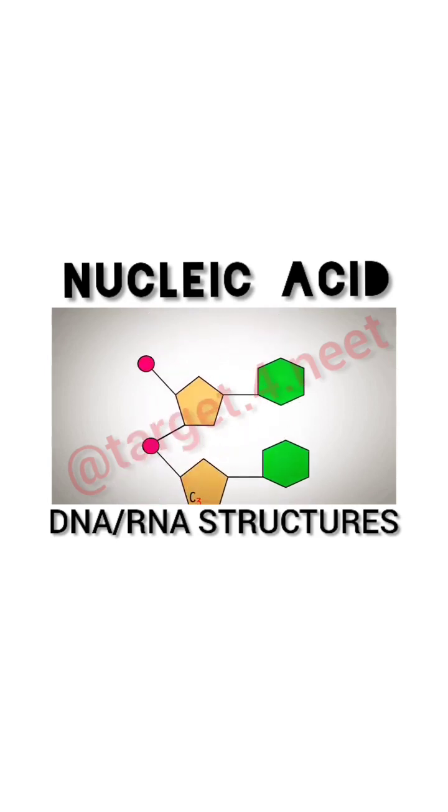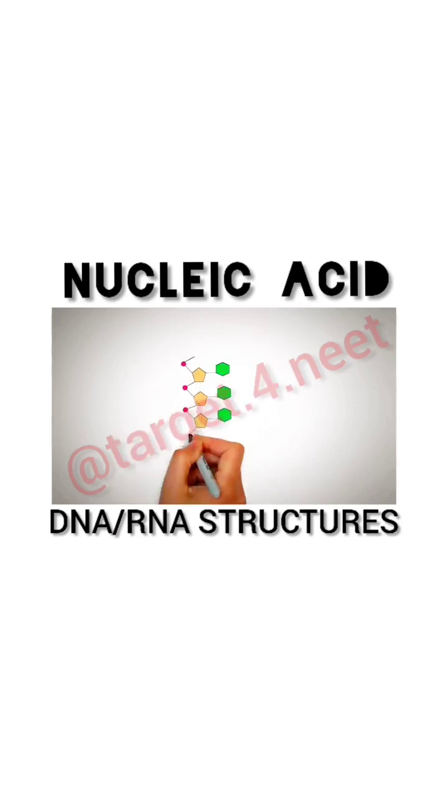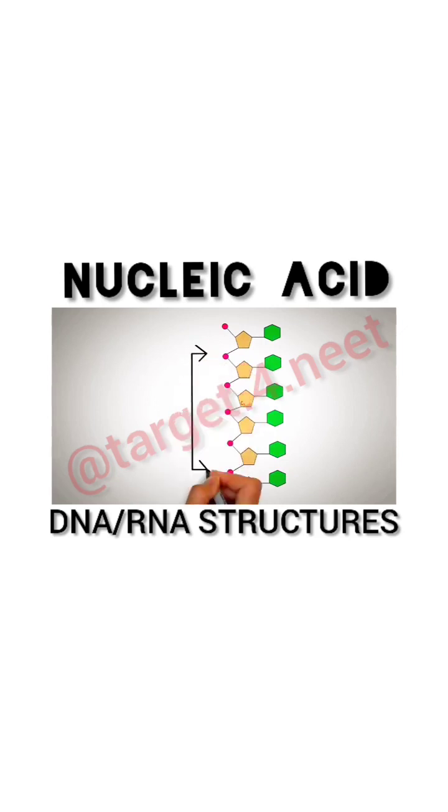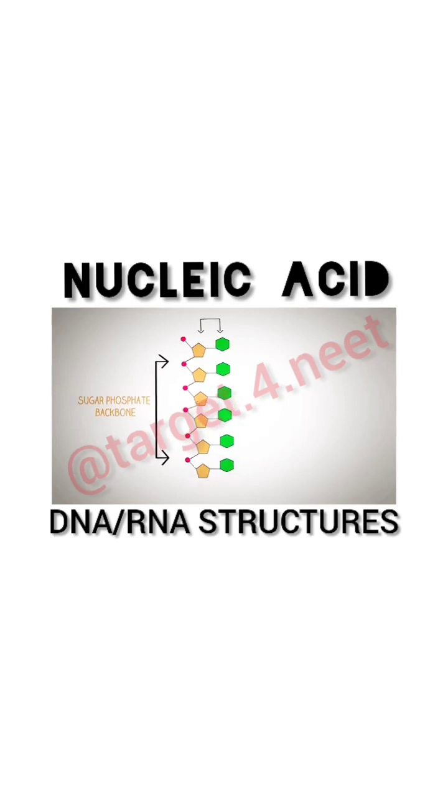So you can see that the phosphate groups form bonds both above and below the chain of these nucleotides. As a result, a long chain of nucleotides is formed which consists of a sugar phosphate backbone, and in the center we have all these nitrogenous bases which project from the sugar phosphate backbone. Now this can be an example of RNA if the sugar present in this example is a ribose sugar.